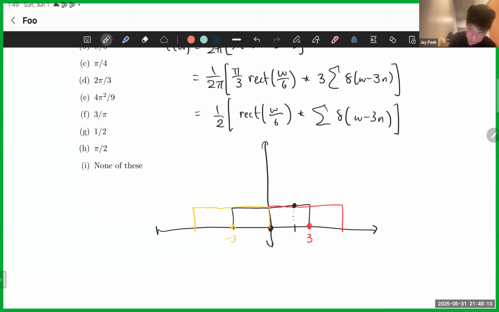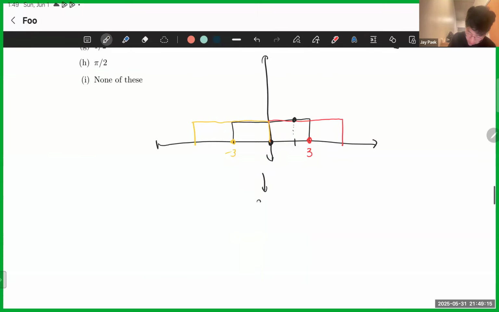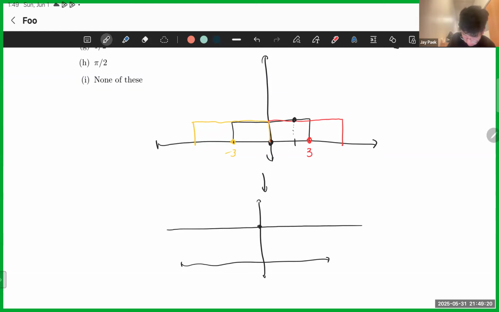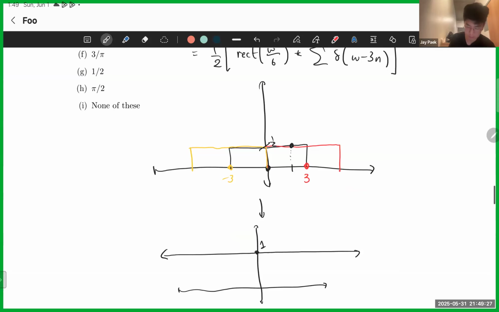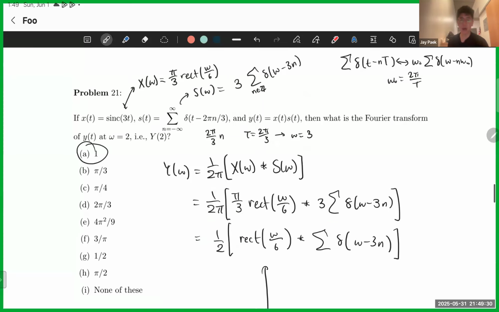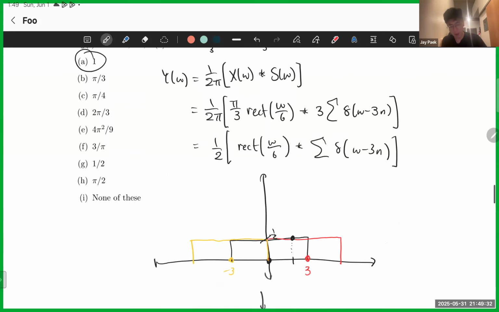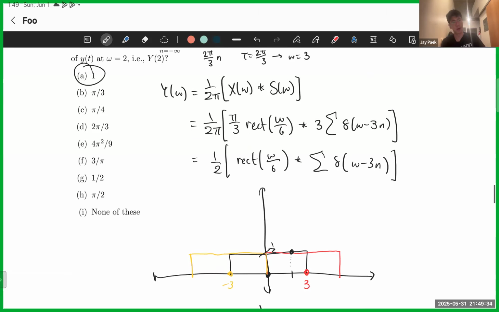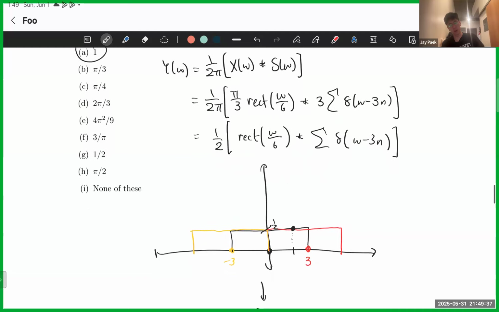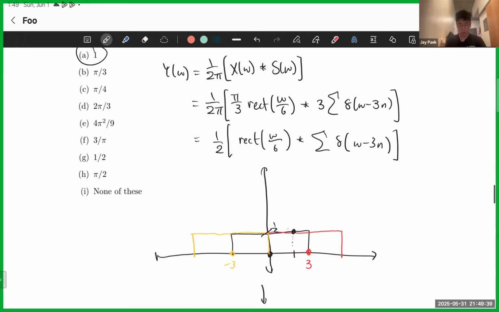If we add all these together, sorry, this height should be 1/2. This is our resulting function if we add it all up, and what we obtain is just 1. You could do it both ways, and algebraically it'll also work out. But it's easier to draw it out and realize that I'm adding a red one and a black one at that point, precisely.